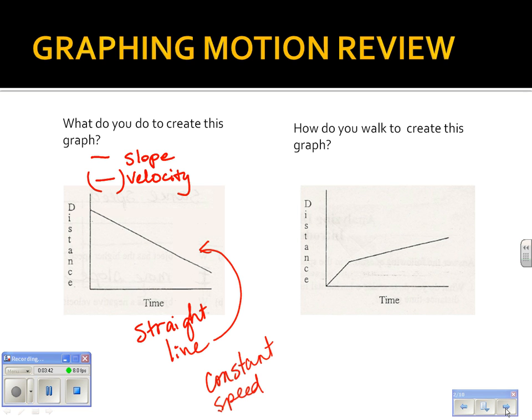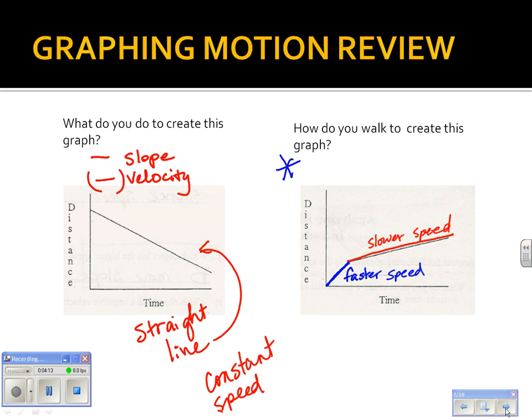How would I create this graph over here? Notice that it has two different sloping lines. Well, both of them are positively sloping, but this beginning slope is a lot steeper than this slope. Because this blue one is steeper, this is a faster speed than your red one is. This is a slower speed.